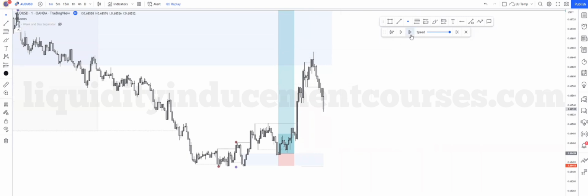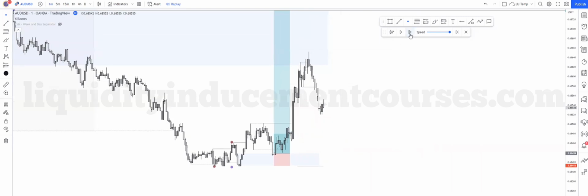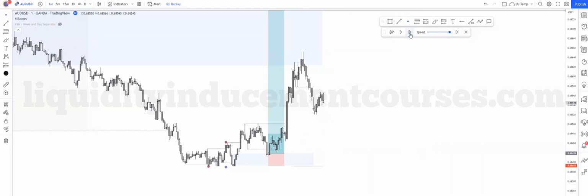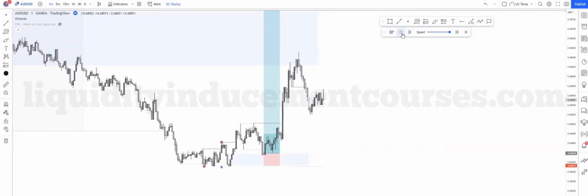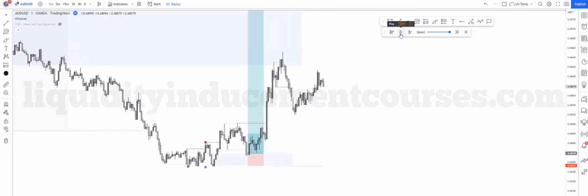Okay, so we can potentially get a short opportunity here. Let's see. It didn't take out anything. There's no inducement that took out. There's no obvious liquidity for me. Okay, so I'm not going to take it. So if this goes, it goes.